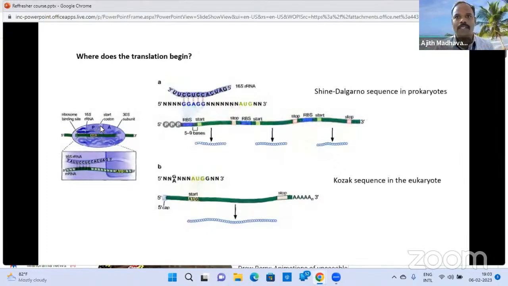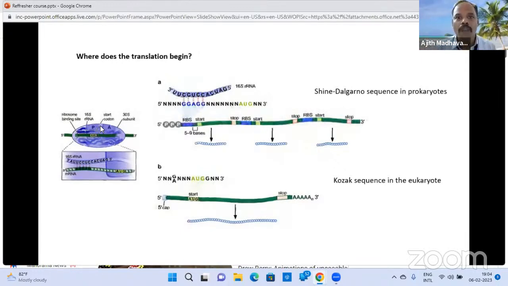Where does it start? How does it know? This is the point where it needs to start. So you have a special signal which indicates to the ribosome that this is the point where you need to start translation. If it is translated wrongly, the information is skewed.